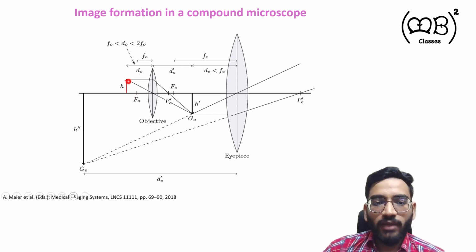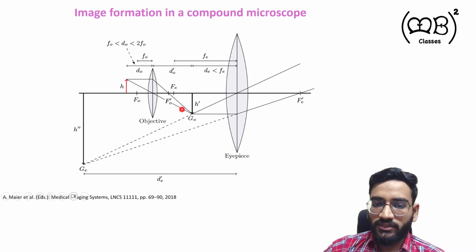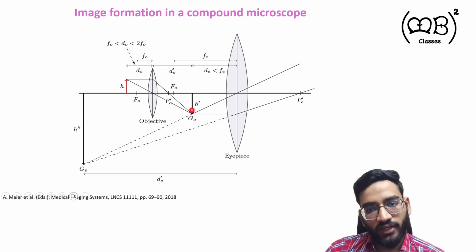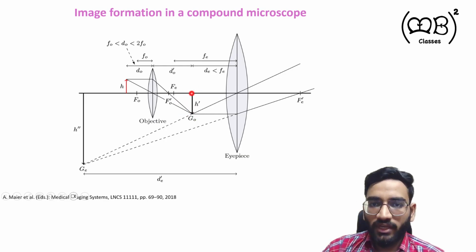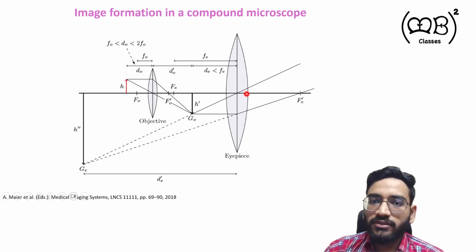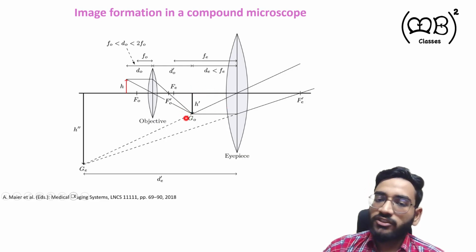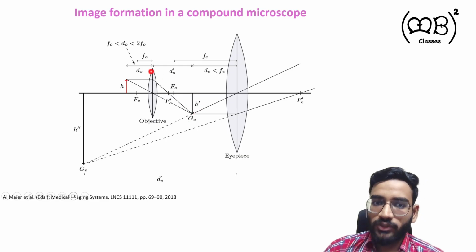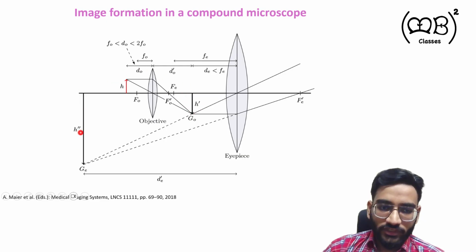So the same thing happens. The image which is formed is real, inverted and magnified. Now this real inverted magnified image of the object is within the focal length of the eyepiece. Now the eyepiece will make a virtual, erect and magnified image of this image which was formed by the objective, which is this.